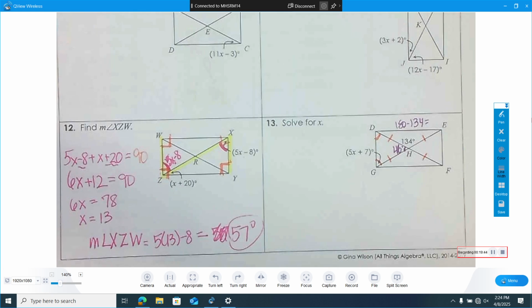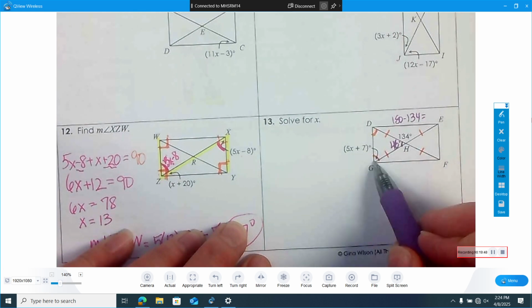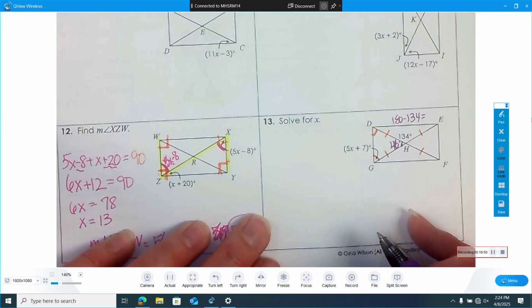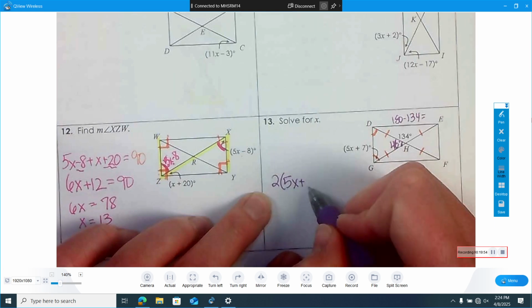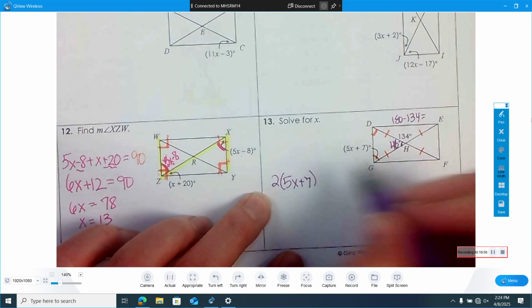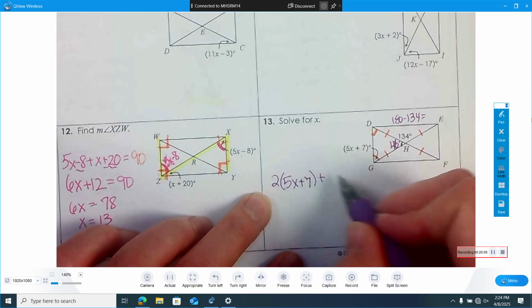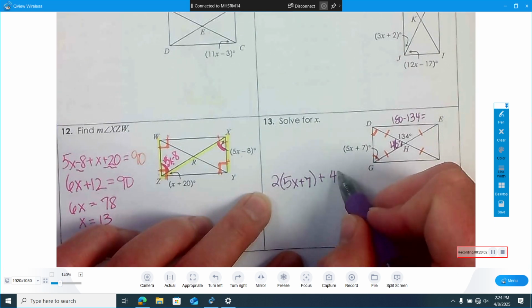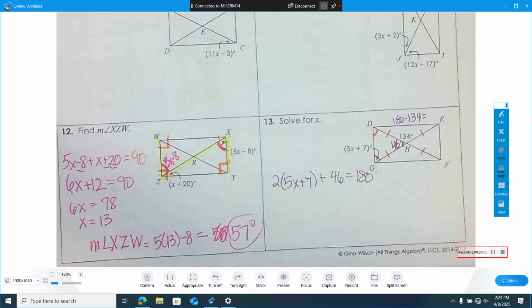All right, and so do we have a triangle? So we have two of these little angles that are 5x plus 7 plus the 46, and all of that should add together to be 180 degrees since they're in a triangle.